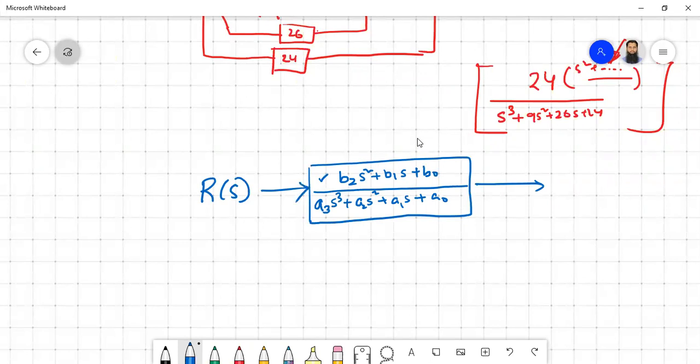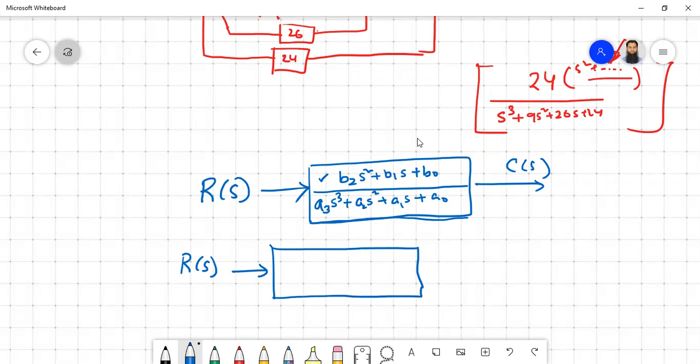We already solved what will happen if you have a dynamic denominator. Now what we do is transform this into two parts, one with only the denominator and any constant. That can also come, like 24 was there, but in this particular example there is no common factor. So we say 1 by A3 s cubed plus A2 s squared plus A1 s plus A0.